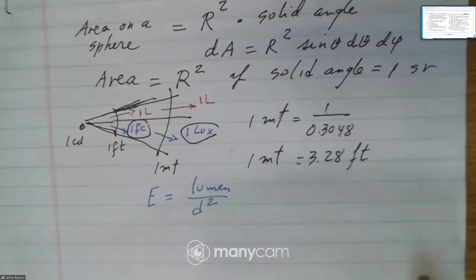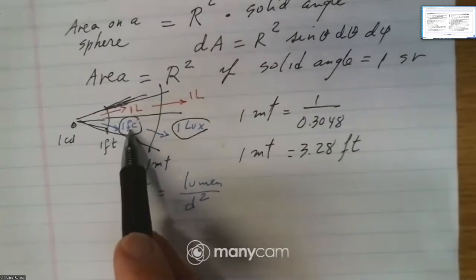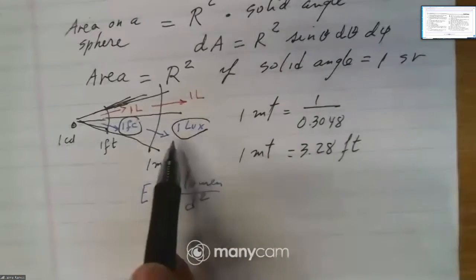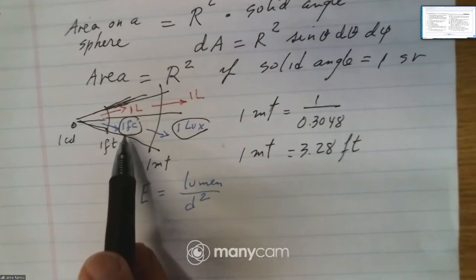Then the next one is question 11. Question 11 asks you the relationship between the lux and the foot-candle. Both of them are units of illuminance.